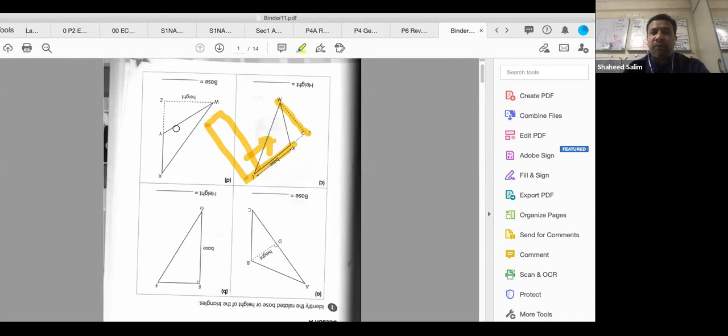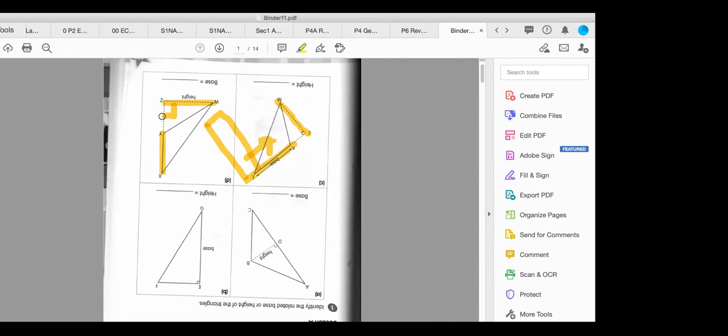The same thing for down here. If this is the height, it must meet the base at 90 degrees. So 90 degrees is here. So where's the line? The line is here, but remember, the line is only from here to here. The dotted line here means there's nothing there.